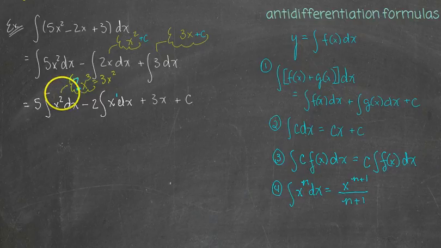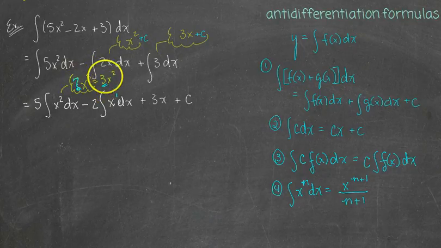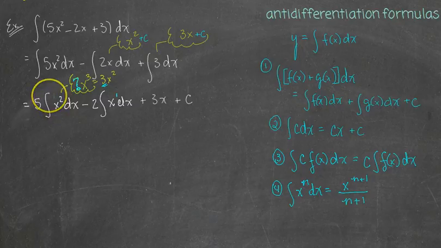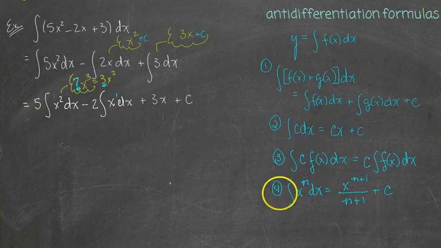We added 1 to 2, right? So we took 2, added 1 to 2 to get the 3 in our thought bubble. But we're going to deal with the fact that when I pull 3 out, I have a 3 when I take the derivative, but I didn't have a 3 in front to begin with. And so what do we do? We're just going to divide out by that value. And so when we do this, plus c, then we will have the antiderivative of a variable to a power.